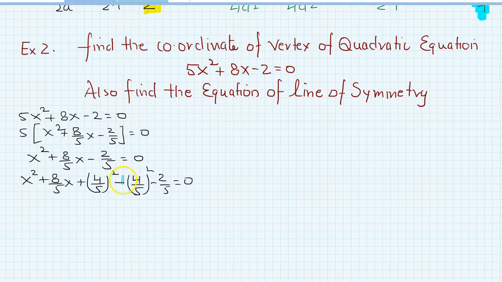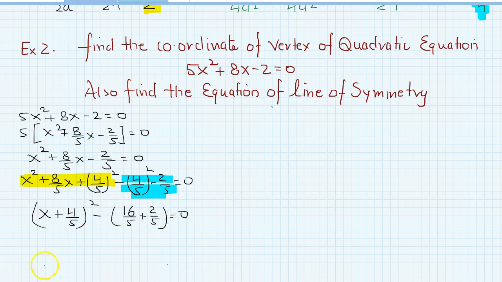Now we are dividing into two parts. This is the first part and this one is the second part. So this is (x plus 4 over 5) square minus, common, this is 16 over 5 plus 2 over 5 is equal to 0.